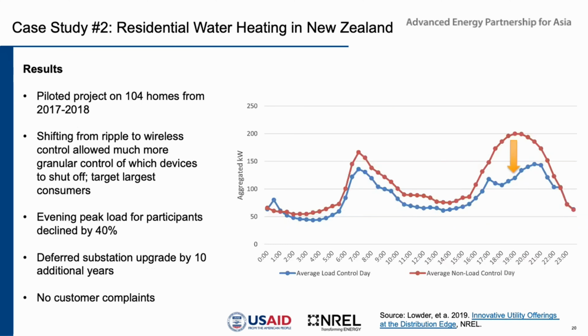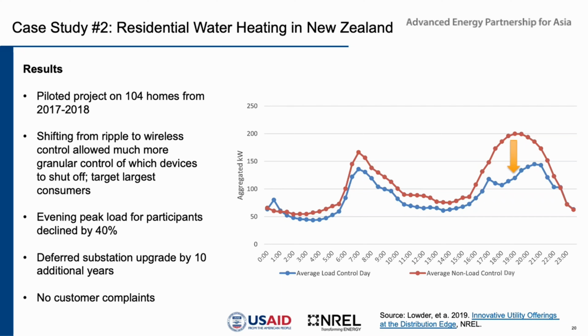As you can see from this chart, the impact on the number of kilowatts used was significant. This was only a pilot project, done on roughly 100 homes at the time, but it demonstrated that this wireless control approach was much more effective than the ripple control.